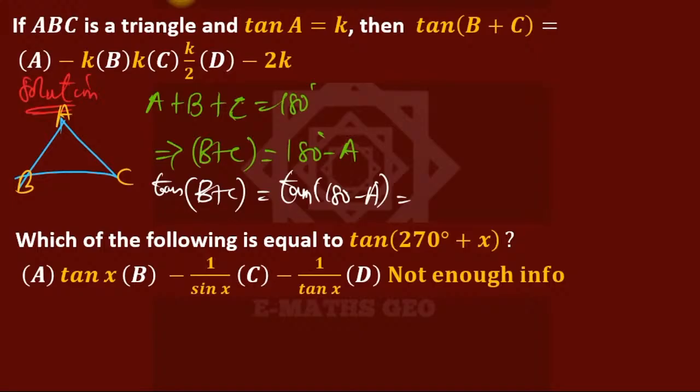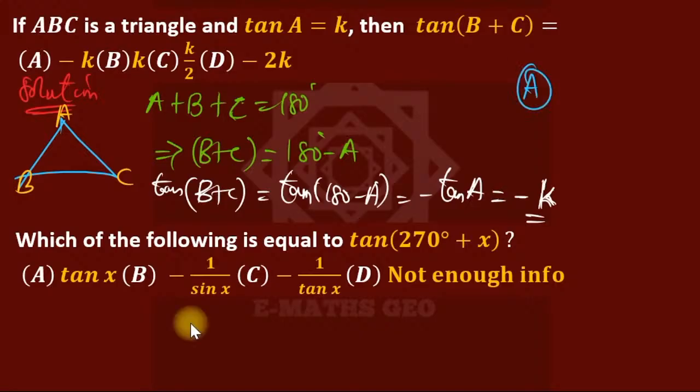And remember, in the second quadrant, tan is negative, so this is minus tan A. Because in the second quadrant, tan is always negative. What is tan A? Tan A is K. So the answer is minus K. It's still simple, but tricky. That's option A.